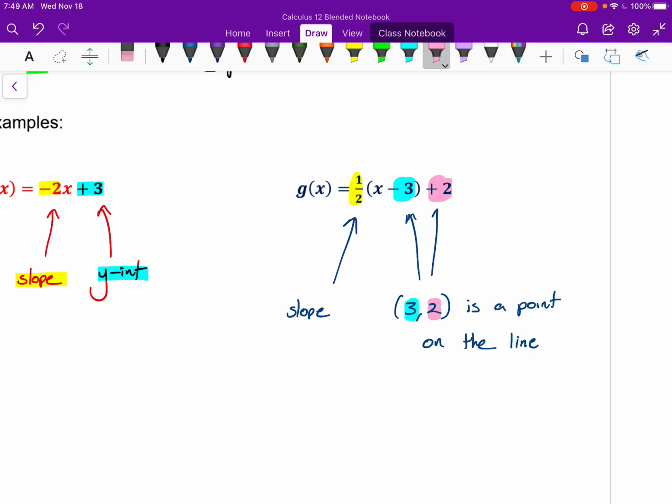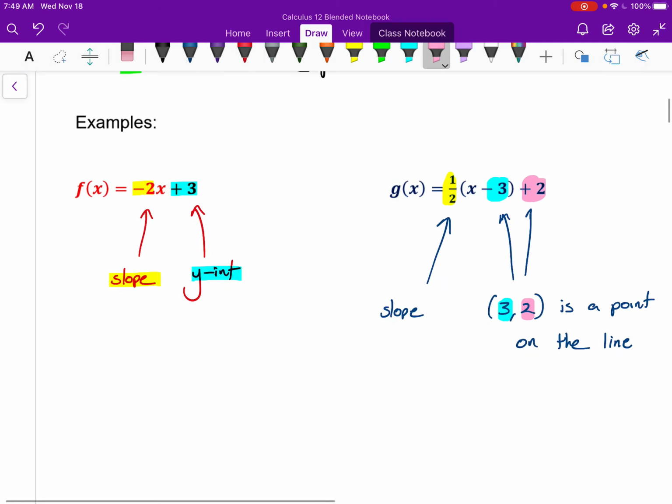All right, so expect to see linear functions throughout this course. It actually leads to one of the fundamental ideas of calculus, but I don't think I need to linger on that more.